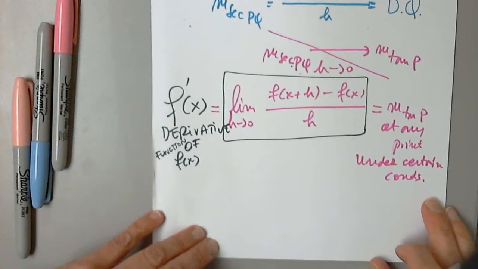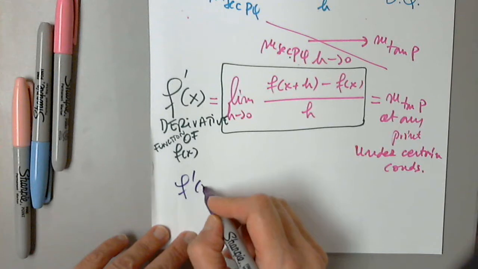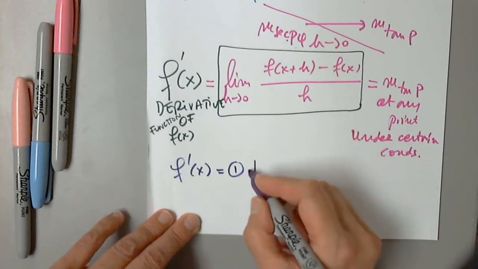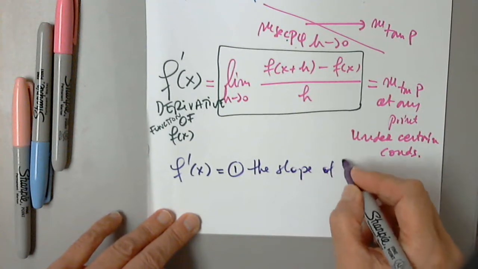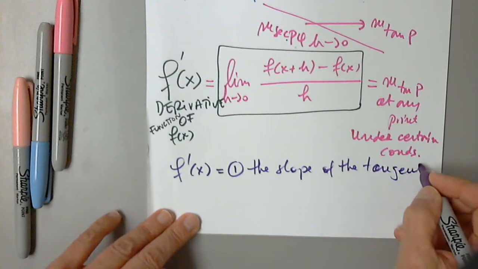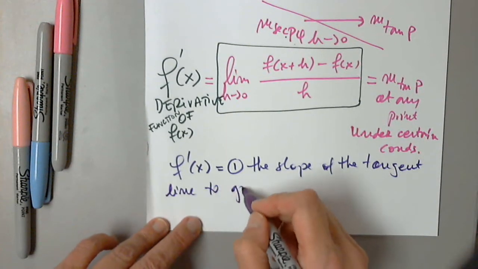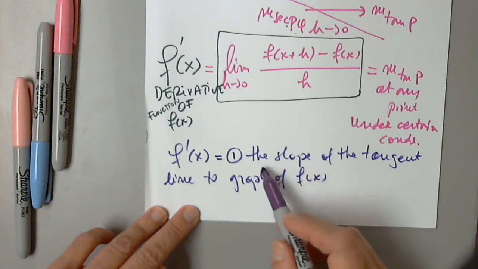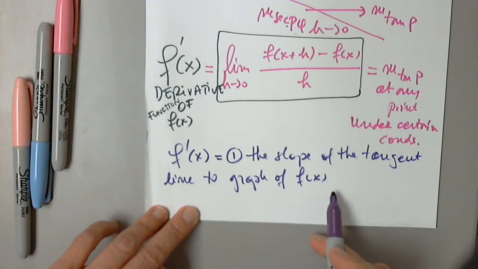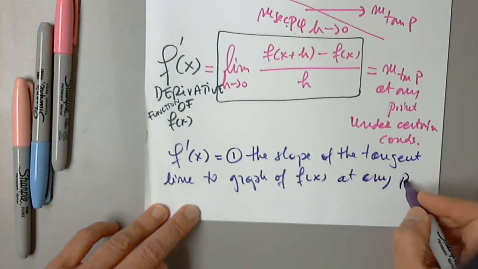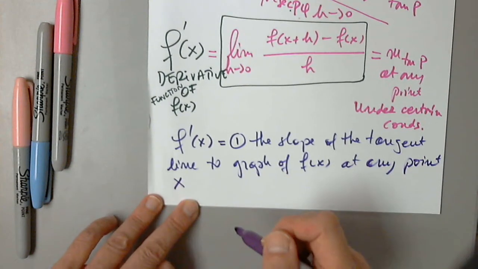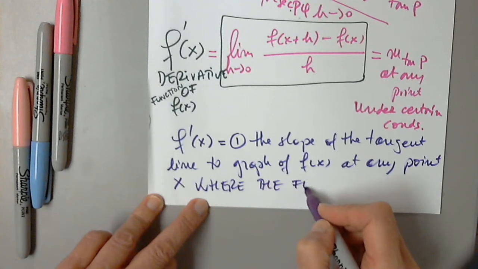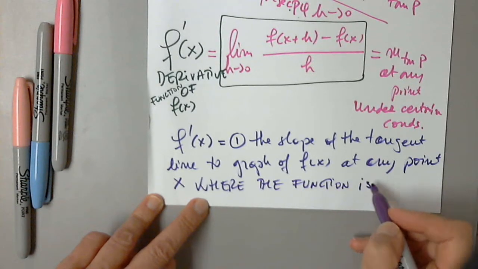Okay, so what does f prime mean? Number one that we've seen so far is the slope of the tangent line to the graph of f of x at any point x, and now the condition, where the function is, anyone remembers?